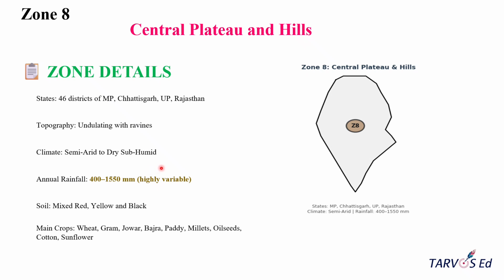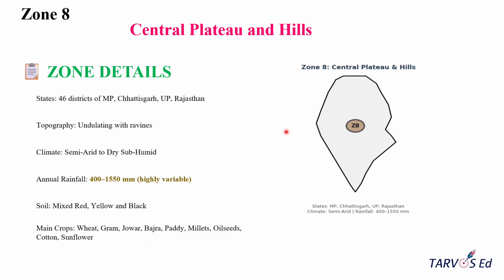It's from 400 to 1550 mm annually. And the soil is a mix of red, yellow, and black, which supports a diverse range of crops, like wheat, gram, jowar, bajra, paddy, millets, oilseeds, cotton, and sunflower.